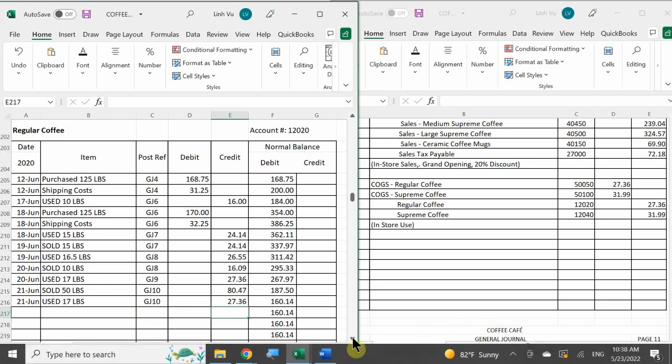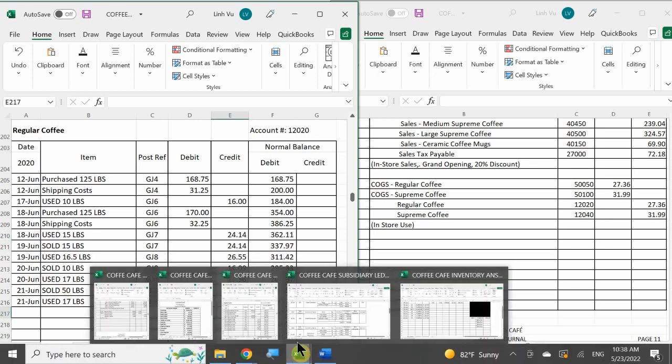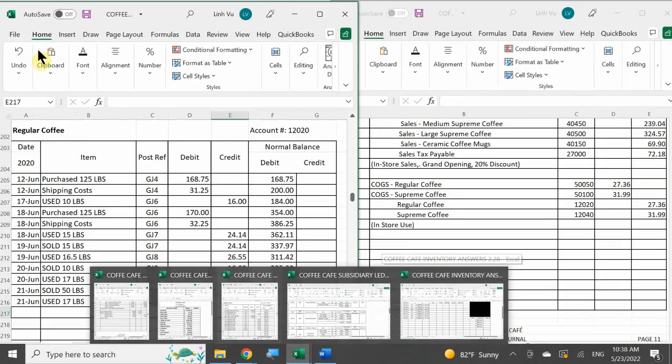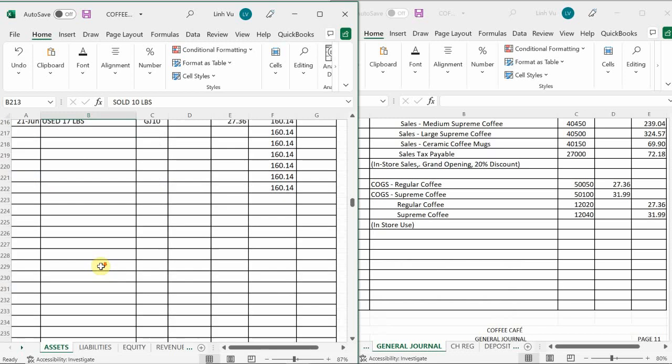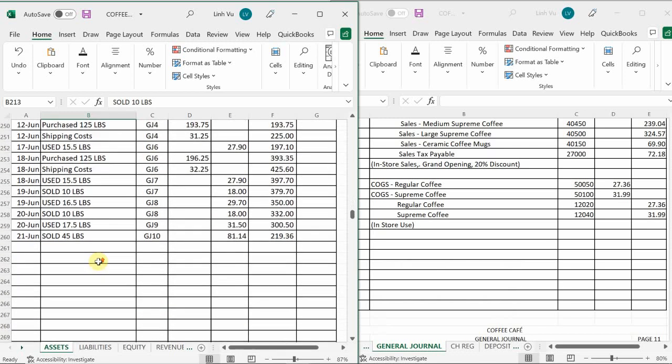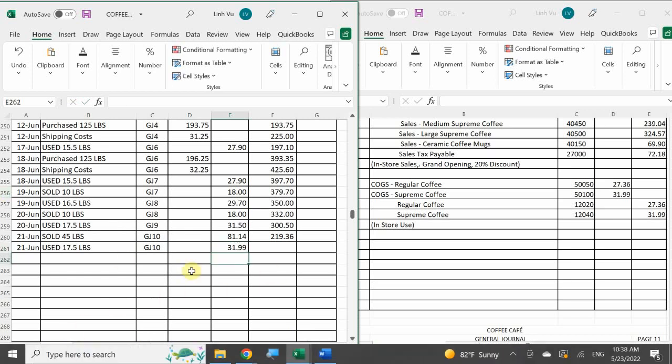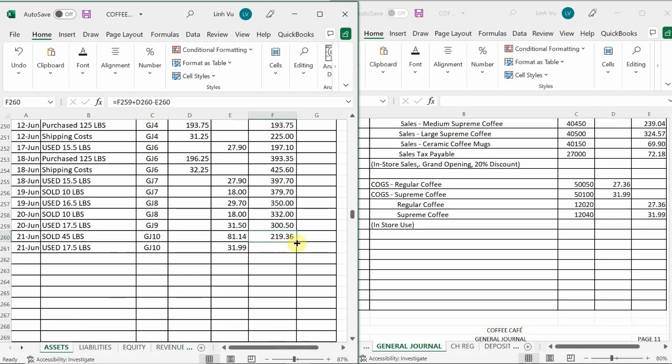Is that correct? 160.14. Good. So then let's go ahead and do our Supreme here. We end up using 17.5 pounds, which cost me $31.99. So how much is my ending balance in my Supreme coffee?